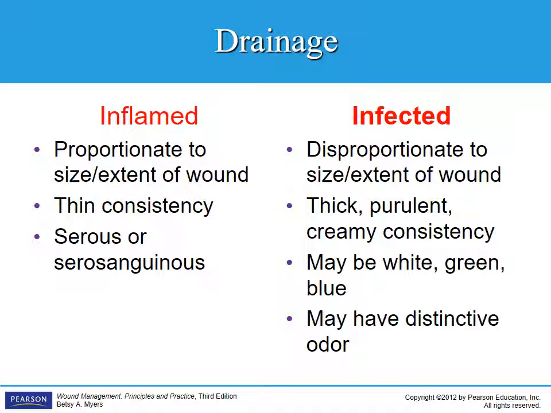If it's green, the same thing. So any coloration that you see on drainage, you should automatically think infected. Whereas if it's inflamed, it's going to be more of a clear or maybe a slightly yellow drainage. And it may have some blood tinge, but that's normal.